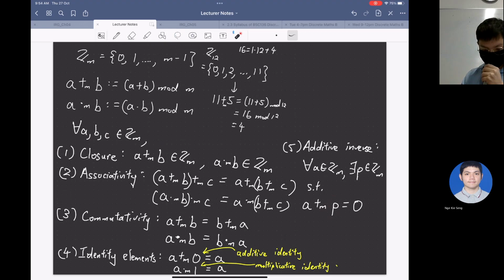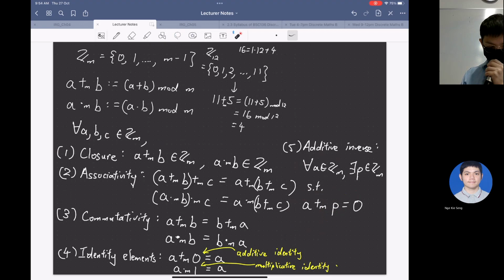So there's a P such that for all the numbers, give me a number, I can find one P for you, such that when I add together, I get 0, getting back the additive identity. So what's this P here?